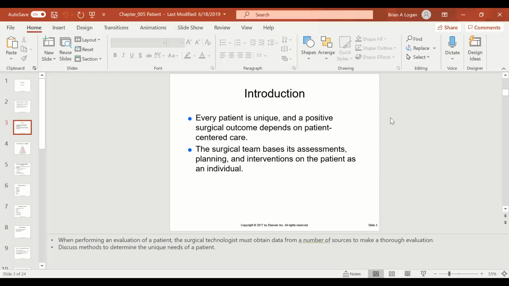So, as kind of an introduction, every patient is different. And it's why we do what's called patient-centered care. Everything that we do is with the patient in mind. We're trying to make sure that the patient is safe and comfortable, that we're doing the correct procedures on them.